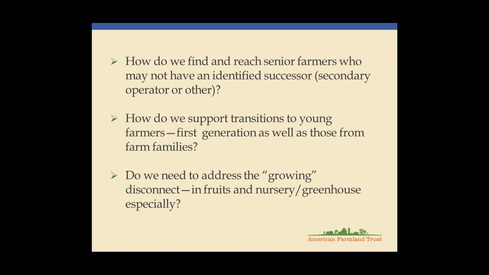So how do we support these transitions, particularly when we see that young demographic shrinking and not growing? And then there's the question: do we need to address this growing disconnect?